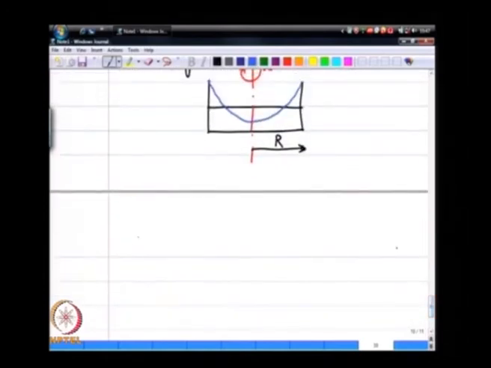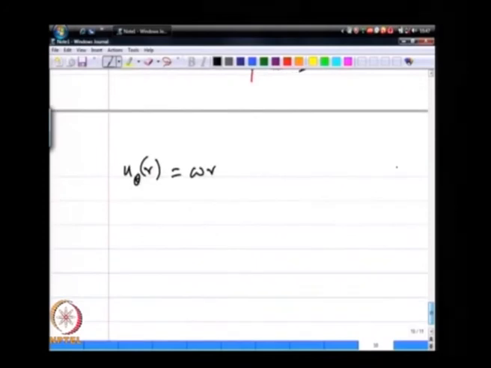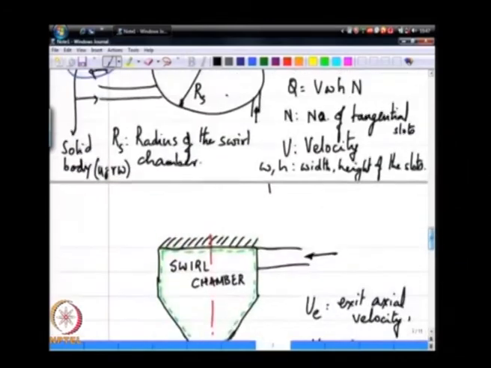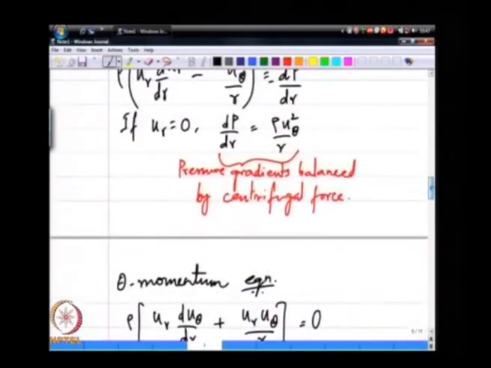This comes from, first of all, u theta of r being equal to omega times r, and so once I have this, I have dp/dr equal to rho u theta squared over r, that comes from our radial momentum conservation.